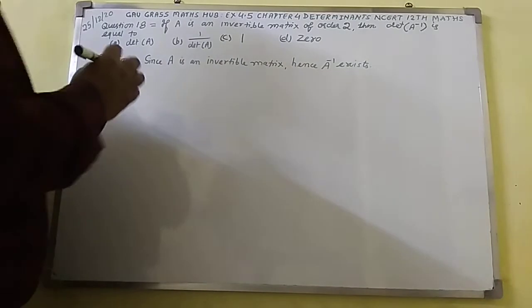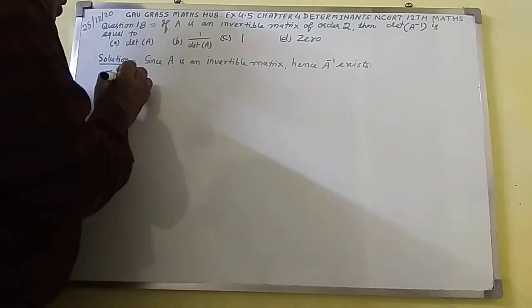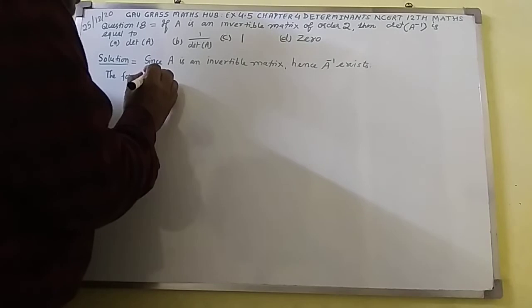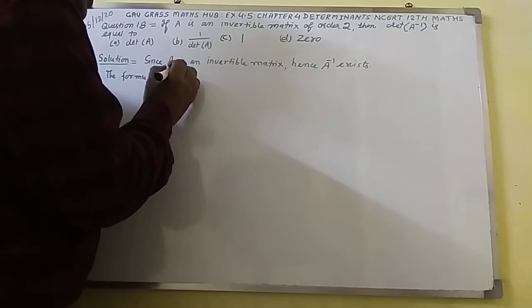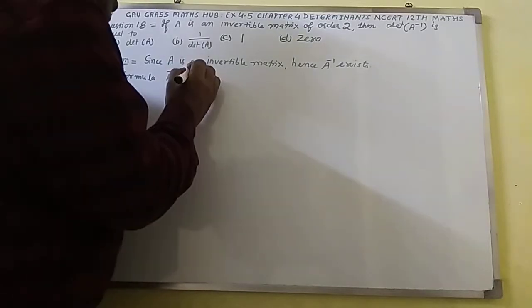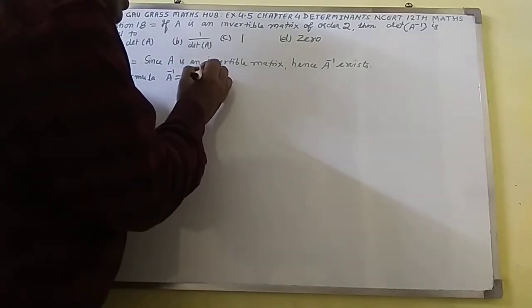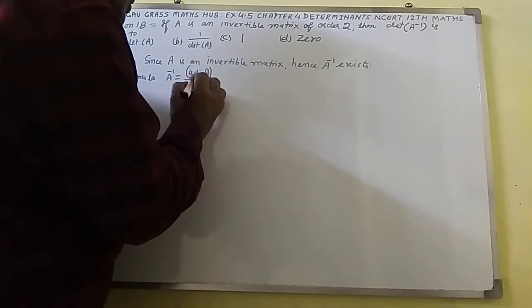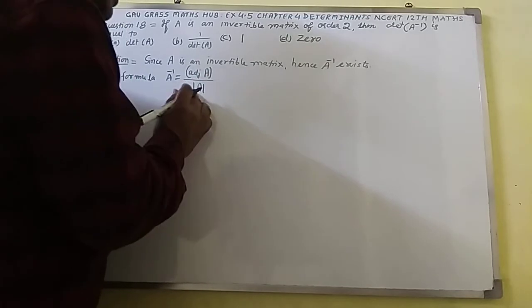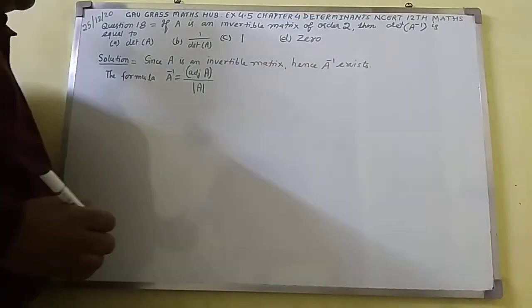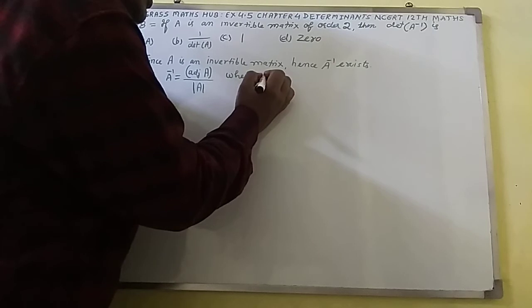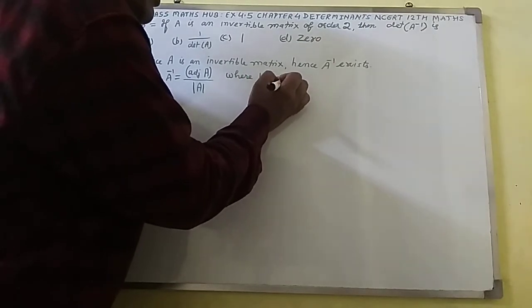So here I shall write the formula. The formula: A inverse equal to adjoint of matrix A whole over determinant of matrix A. This is the formula we must remember always, where determinant of A is not equal to 0.